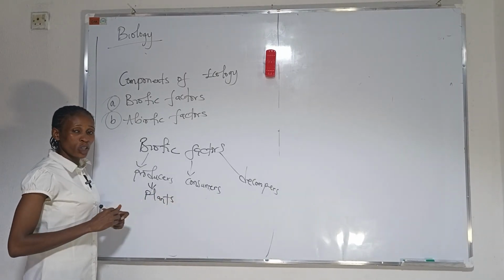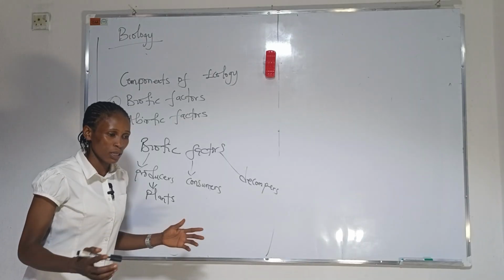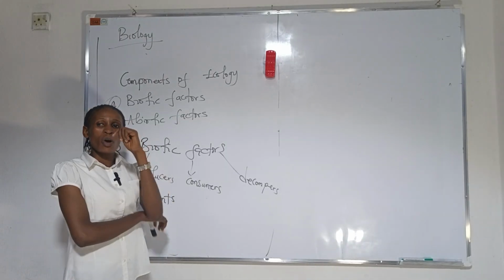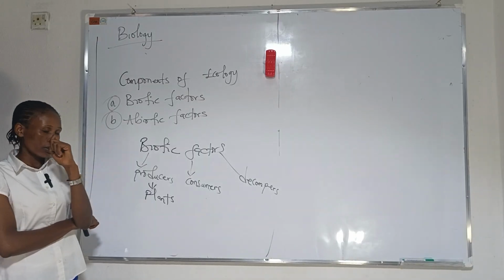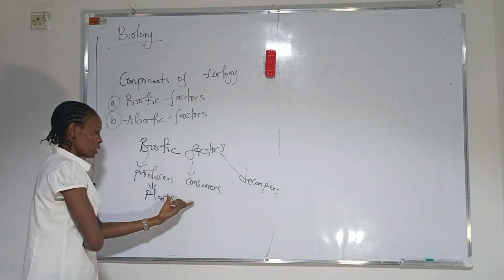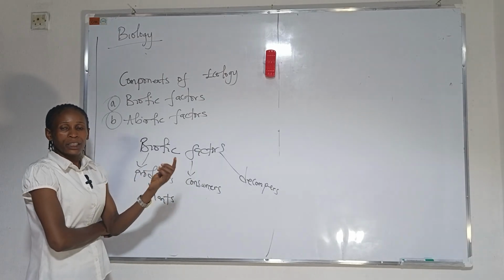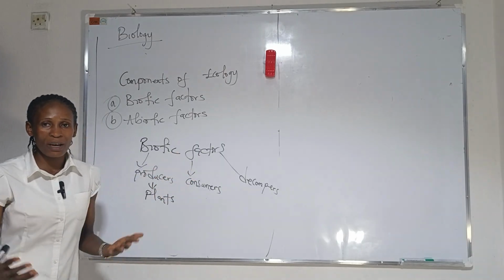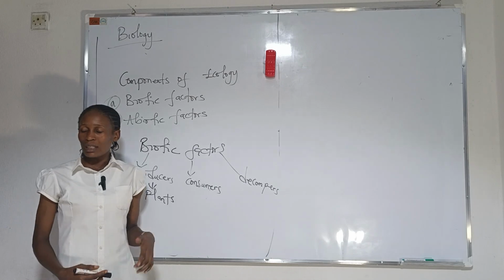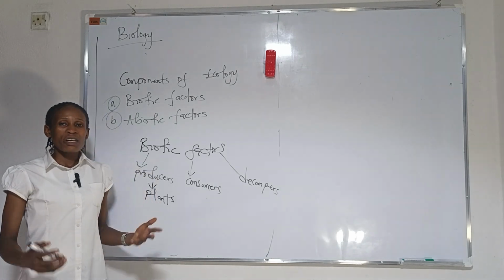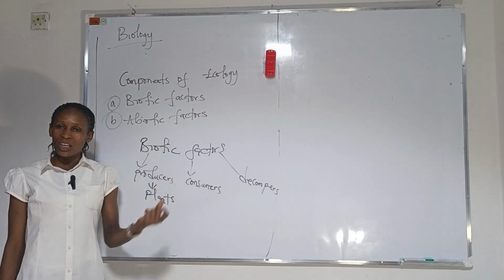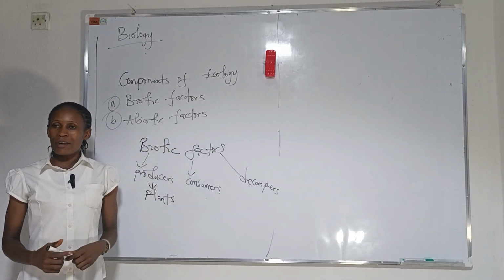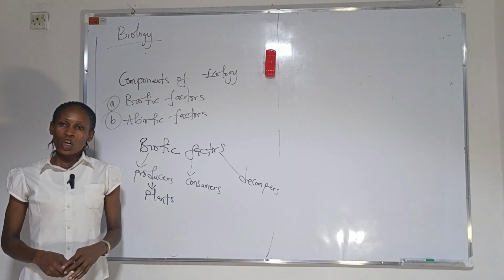Plants are very much producers, because plants contain a green pigment, chlorophyll. That is where photosynthesis comes in. Sometimes when we are asked to define photosynthesis, we say photosynthesis is a process in which green plants manufacture their own food through the help of sunlight using a green pigment called chlorophyll.